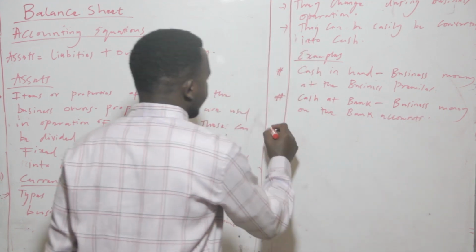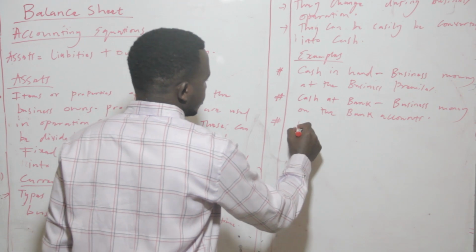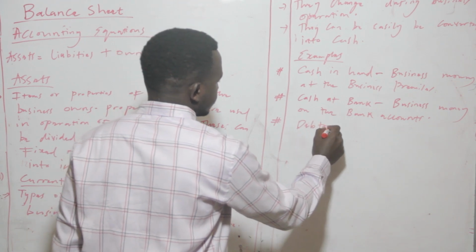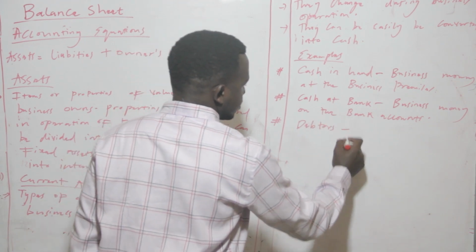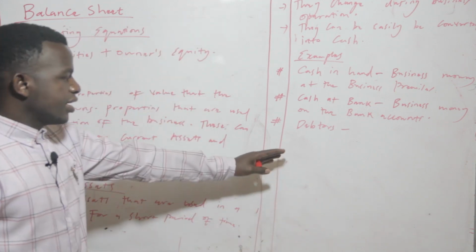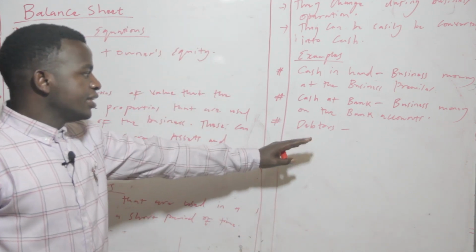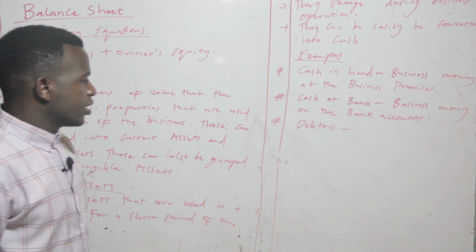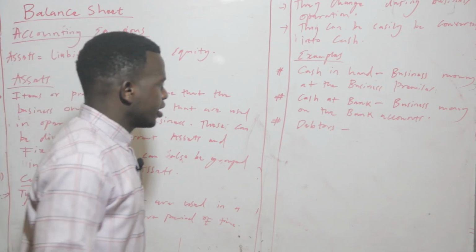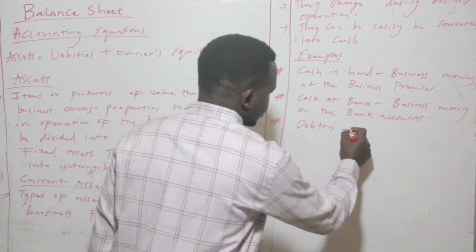Then we also have debtors. So this is the amount of money that credit customers owe us.